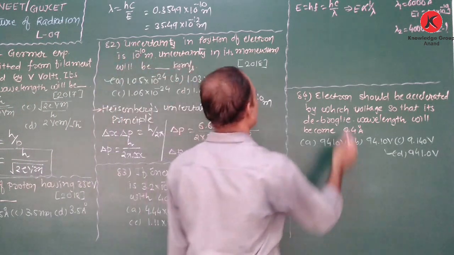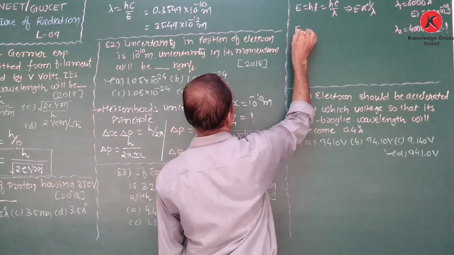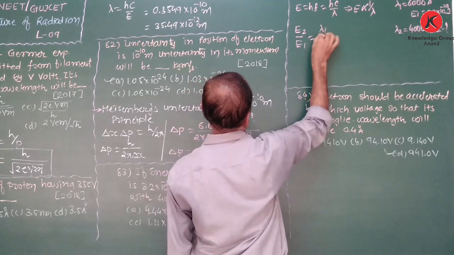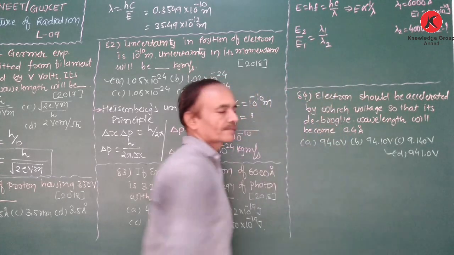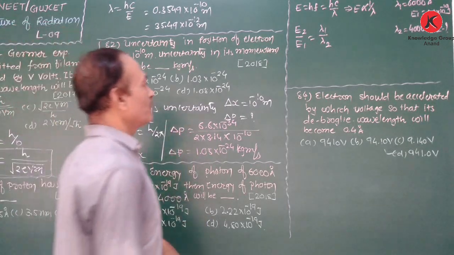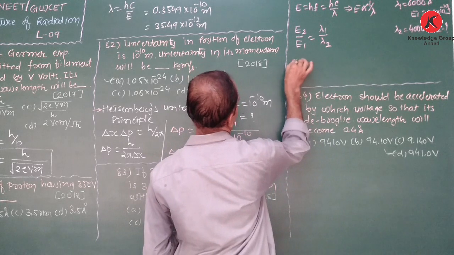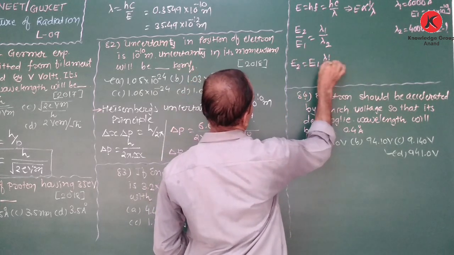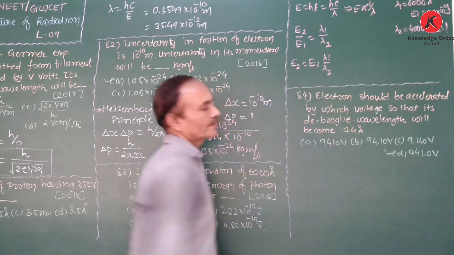And due to that reason, now we take the ratio of E2 upon E1 is equal to lambda 1 upon lambda 2. Therefore, E2 is equal to E1 lambda 1 upon lambda 2.